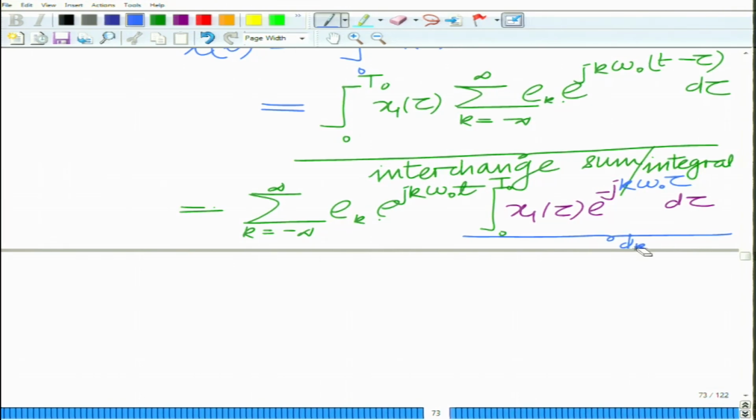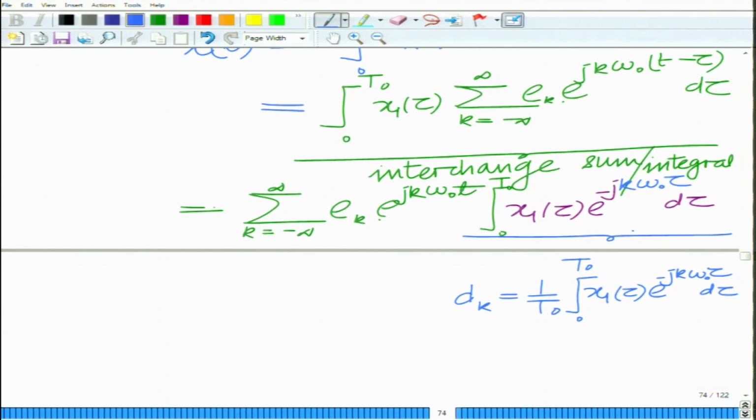And this is in fact not dk, but T naught times dk, because you can see dk equals 1 over T naught times the integral 0 to T naught of x1 tau e raised to minus j k omega naught tau d tau.